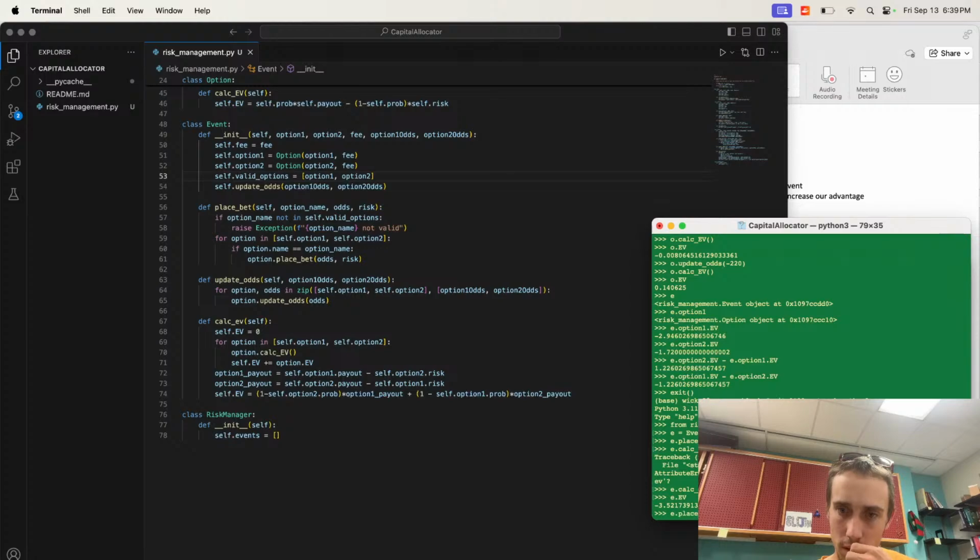Now, let's say that it swings, and the Lions now, I can bet on them at minus 110, and we put $10 down.